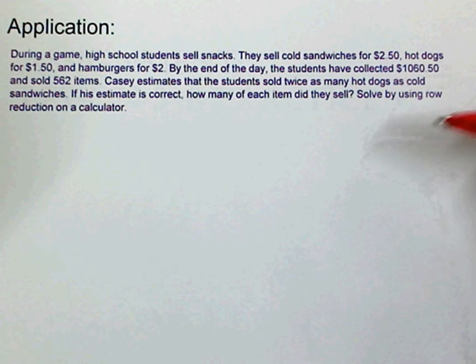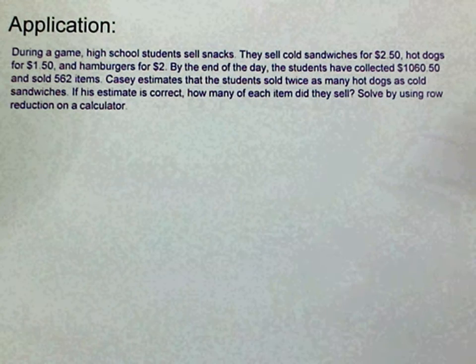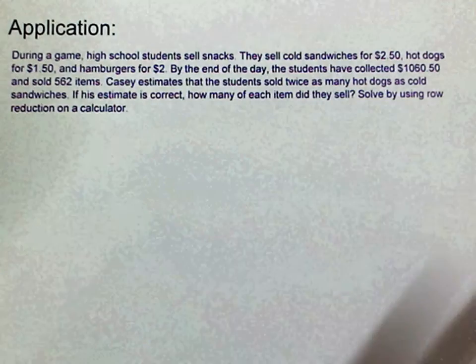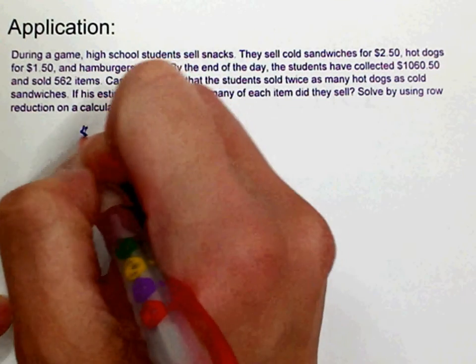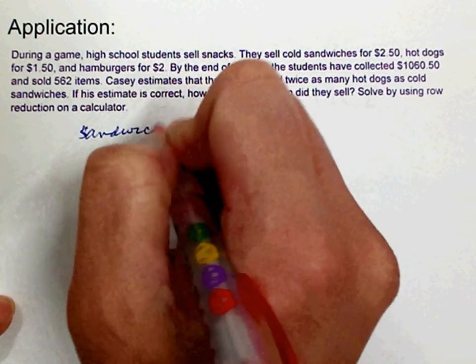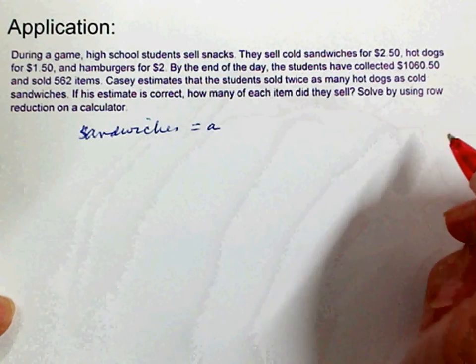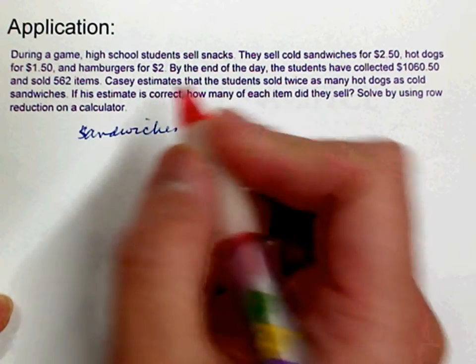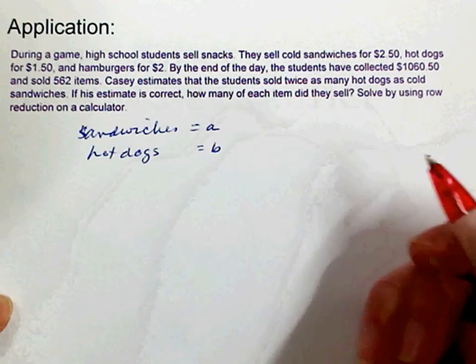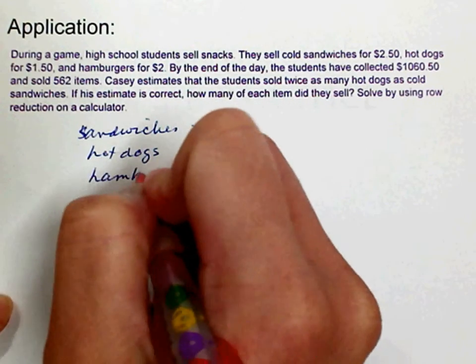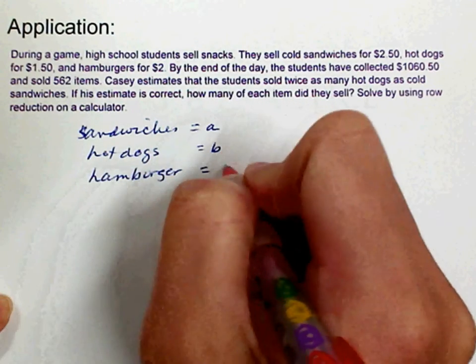If this is correct, how many of each did they sell? You're going to solve by using the row reduction. So let's label sandwiches A, hot dogs B, and hamburgers C.